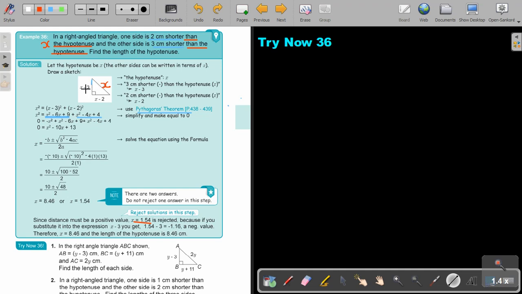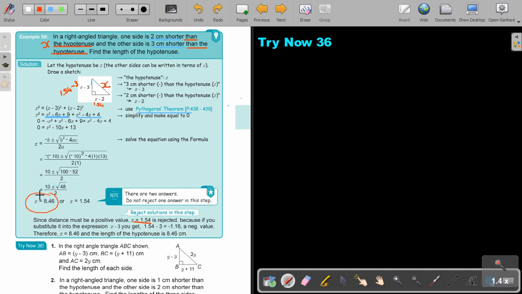But look, if you substitute it in there, 1.54, and you subtract the 3, you're going to get a negative. If you say 1.54, subtract the 2, then you're going to get a negative. So don't do that. In this case, this one is rejected, and I just work with the other one.